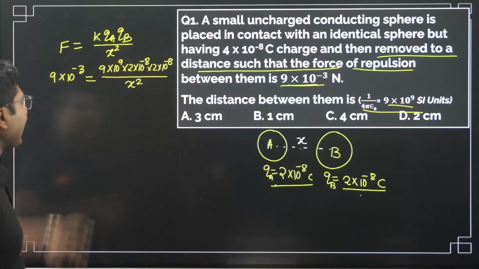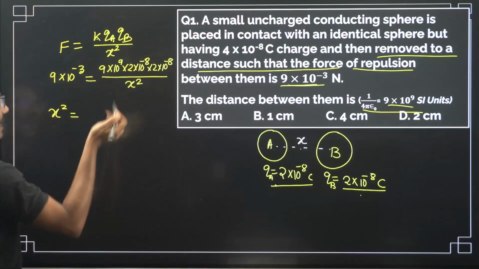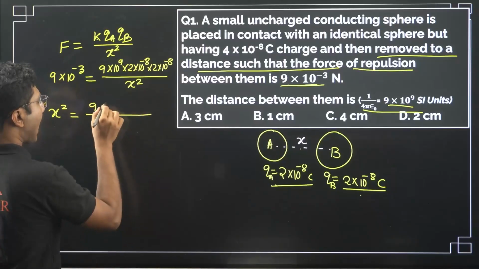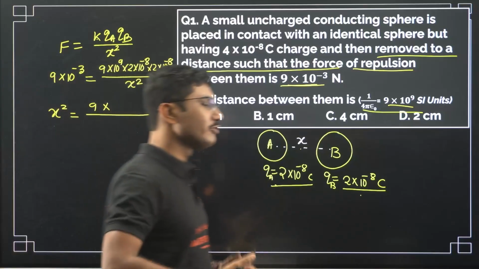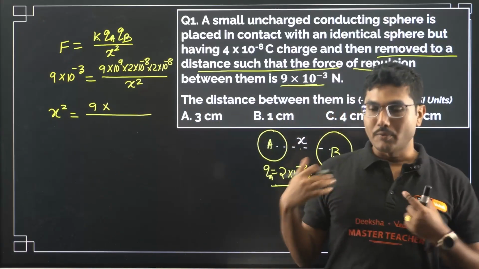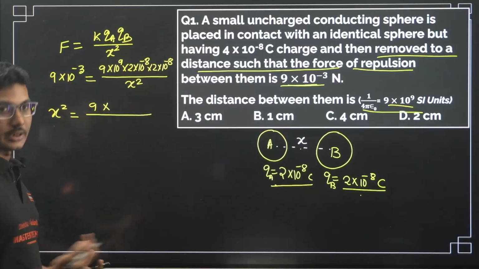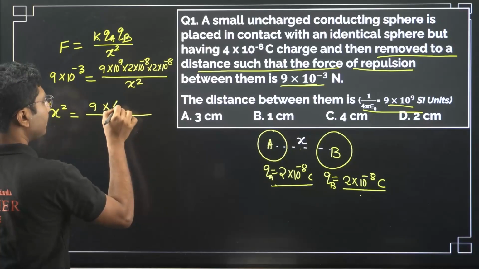So this x we are trying to find. So x square will be equal to, now this calculation, slowly over time you will have an improvement. I am doing it slowly right now, but once your calculative abilities improve, we will be doing it faster. So here 2 into 2 is 4.